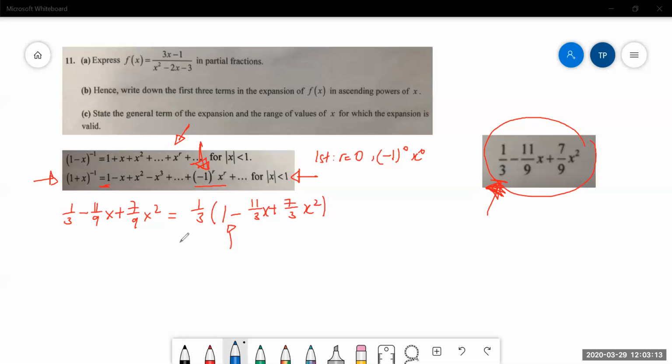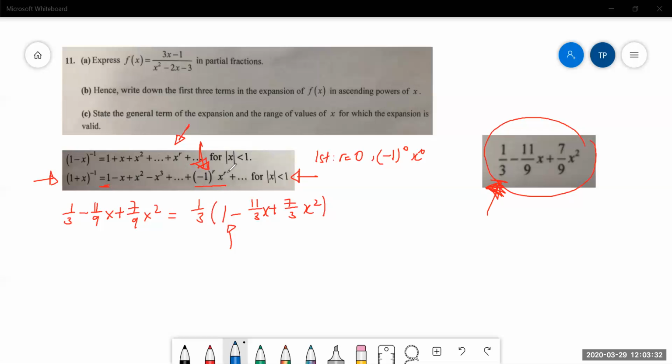Then for the x, you see there's no x here. So it's x to the power of 0. This is x to the power of 0, this is x to the power of 1, this is x to the power of 2. That's why we have x to the power of r. r starts from 0.